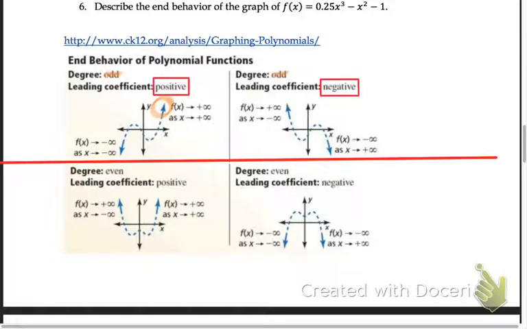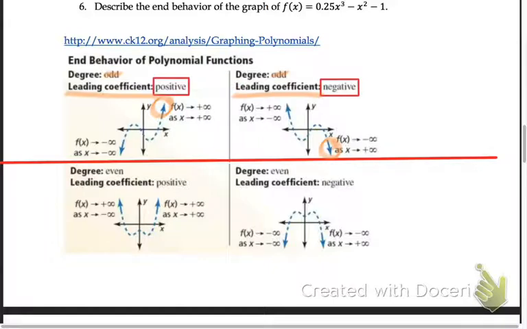What about for the other one? Well, which way is the right side going? Negative, right? So what do you think that lead coefficient is going to tell us? What if it's positive? That's positive. What's it tell us about our graph, though? Which way the right side points.